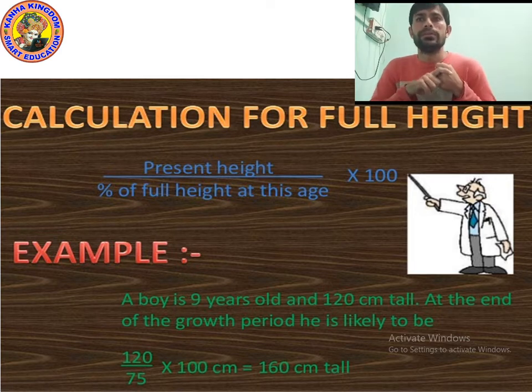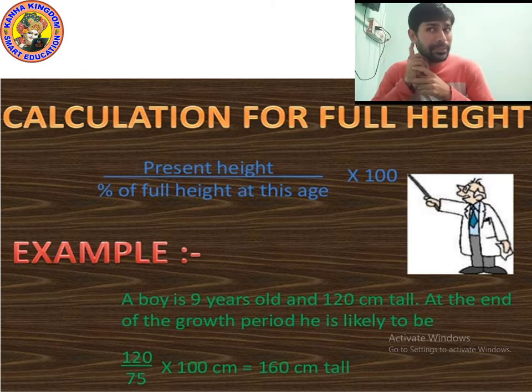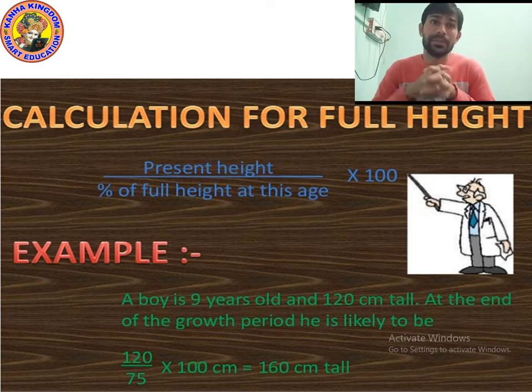At the age of 13, the girls' height becomes 95 percent and the boys' 88 percent. At the age of 16, girls' height becomes 99 percent and boys' 98 percent. At the age of 18, both become 100 percent.